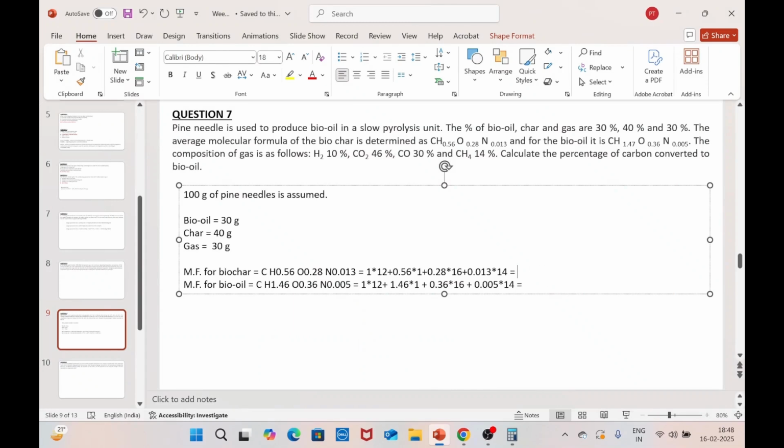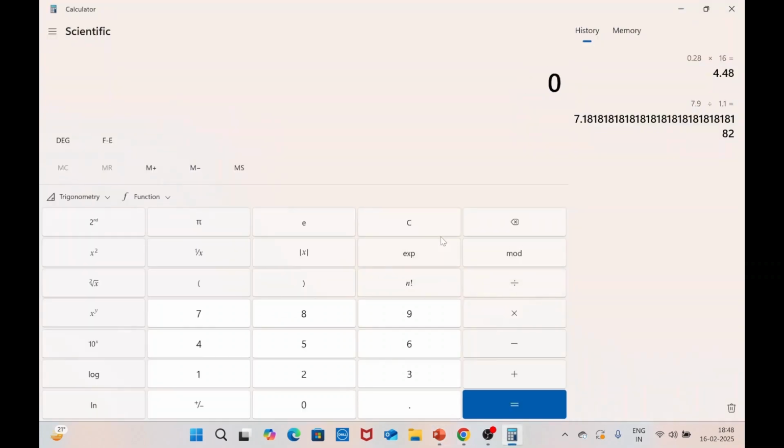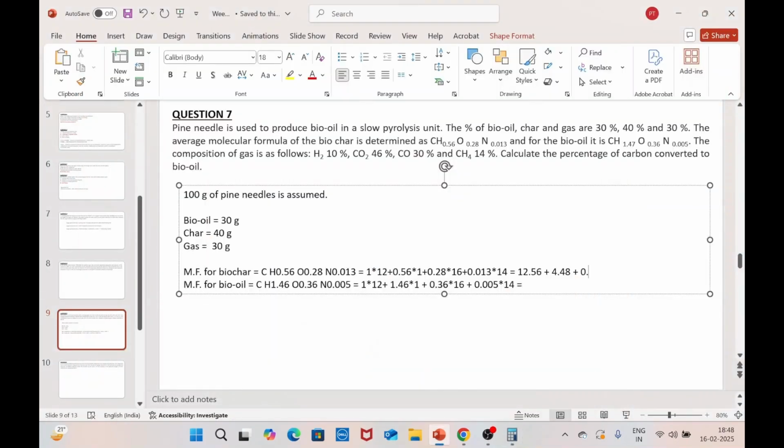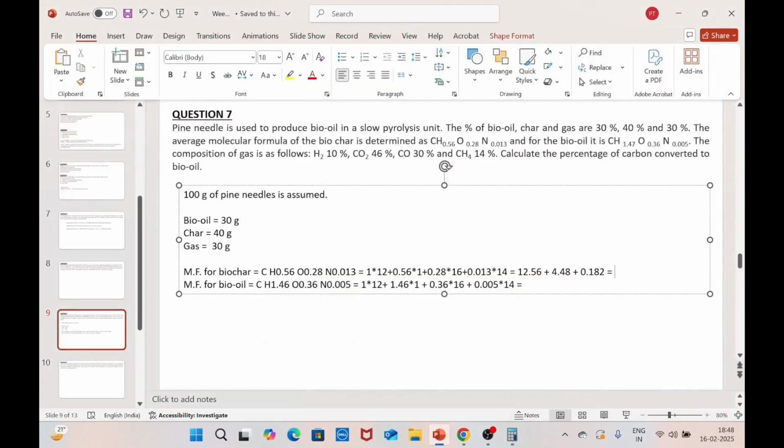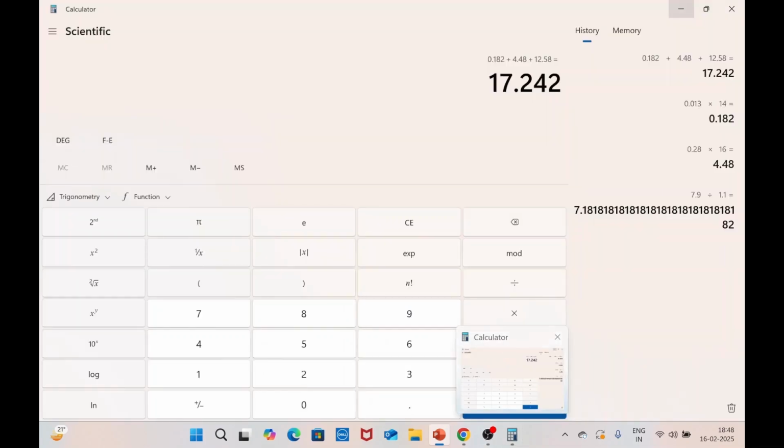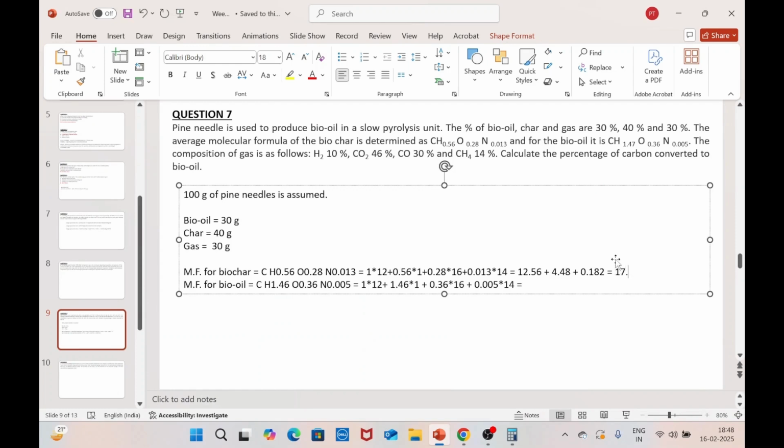So it will be 12.56 plus 4.48 plus 0.013 times 14, which is 0.182. So we need to add all of this: 0.182 plus 4.48 plus 12.56 gives 17.24 grams per mole.